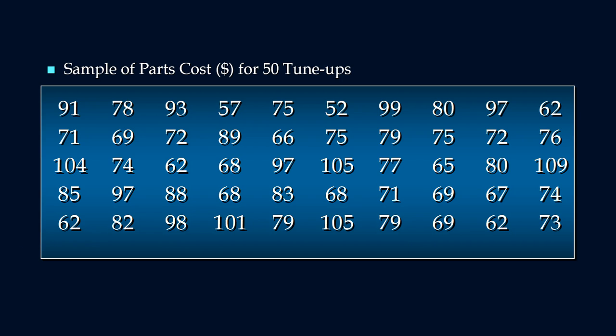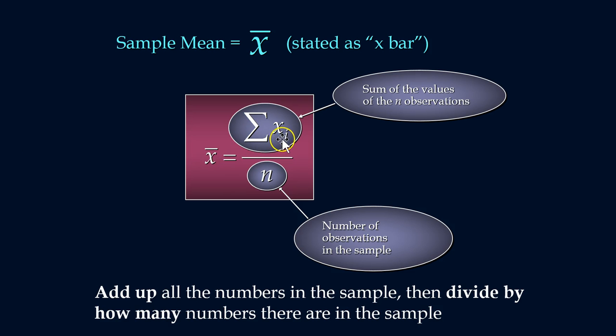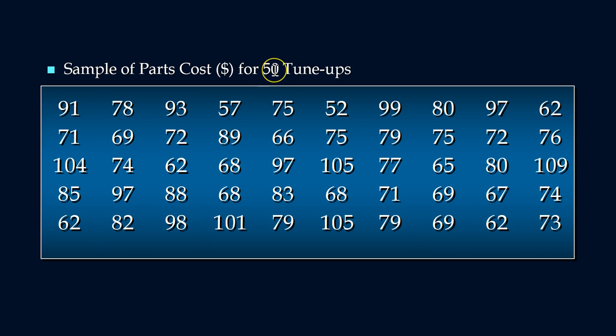So in this case, here are our 50 tune-ups again from previous. Each of these are observations. Each of these are x's. So we could easily have a notation that says take x1 plus x2 plus x3 plus x4 all the way out. But this little x sub i allows us to say, take all of the x's that you have, not just having to list them out, because having 50 is actually a small number.